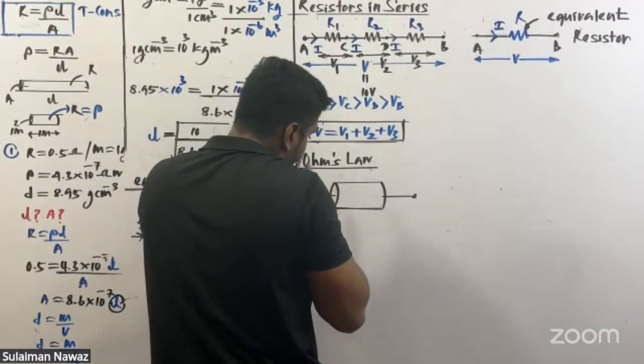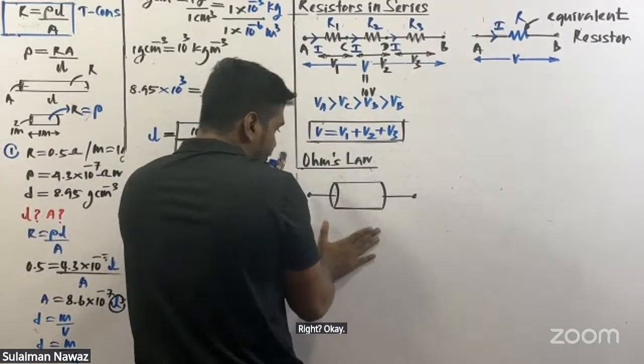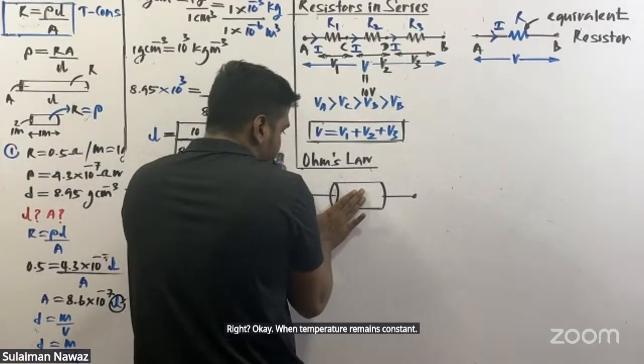Right? Okay. When temperature remains constant, there's a conductor.